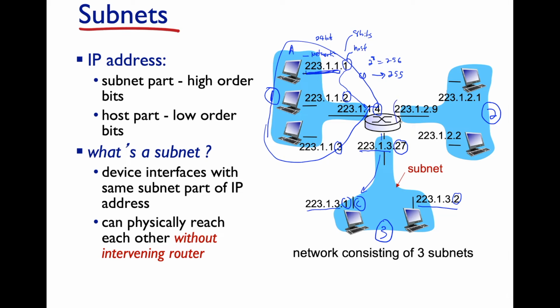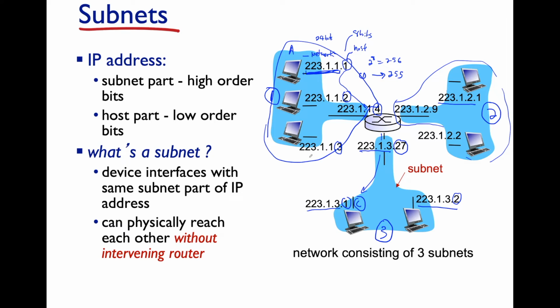Likewise, for this subnet on the upper right, all of the interfaces share the same subnet address or network address, 223.1.2. And similarly for this third one. And so device interfaces with the same subnet part of the IP address are on the same subnet.